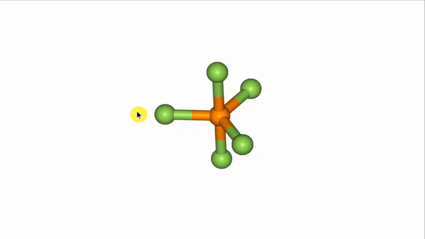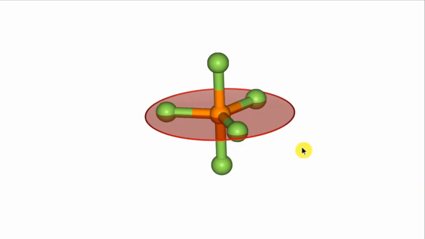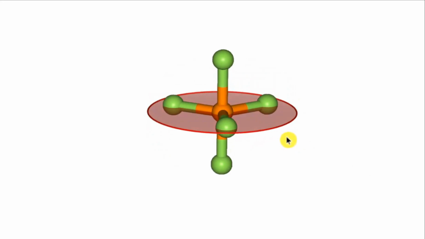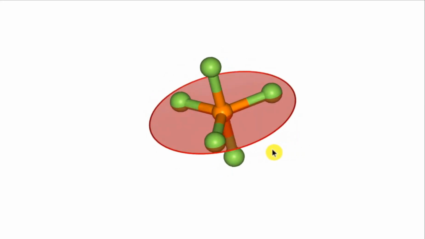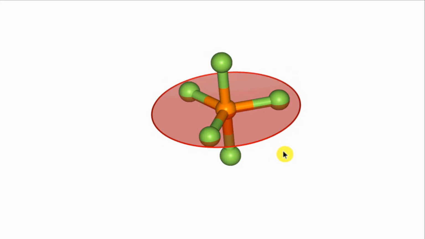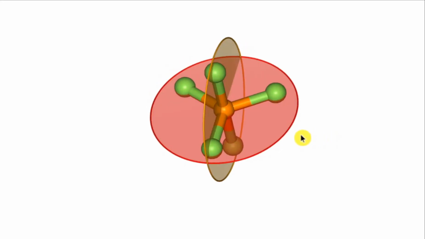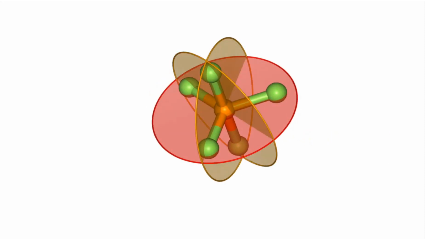So let me show you the different planes associated with phosphorus pentachloride. This is one plane. And we have 3 other planes as in the case of boron trifluoride. One is this plane, the other one is perpendicular to that, and the third one is again perpendicular.